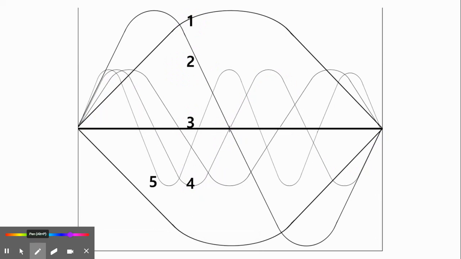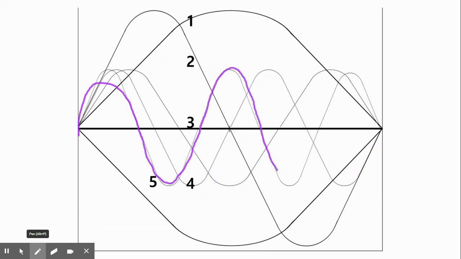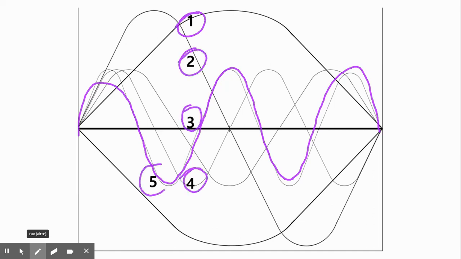Moving along, the next division, of course, is in 5 parts. So we have 1, 2, 3, 4, 5. If we divide the string into 5 parts, we are going to have our fundamental, an octave, a fifth, a fourth, and a major third. This pitch is a major third, pitch-wise.